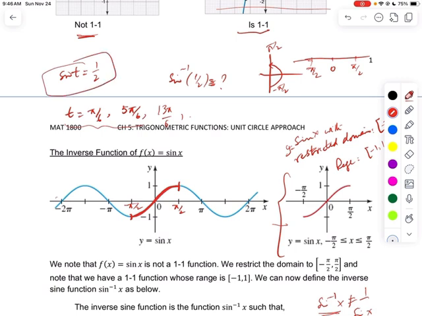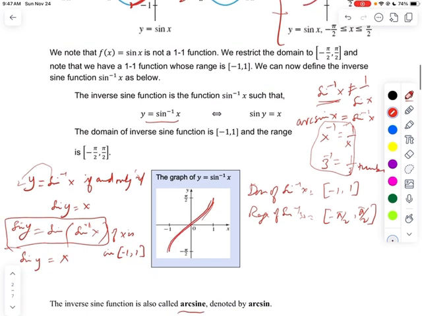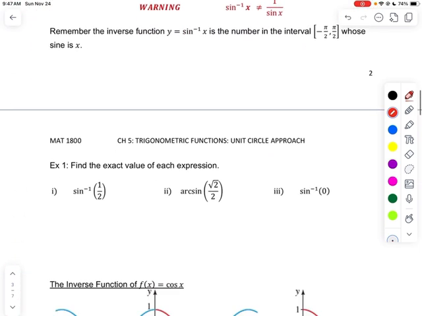But even with these two values, you will notice that when we are asked about sine inverse 1/2, we cannot say that this is equal to these two values. Okay, the reason is because now we are working in a restricted domain. So the values of sine inverse x will lie in the interval negative pi over 2 to pi over 2, which on a number line makes more sense.